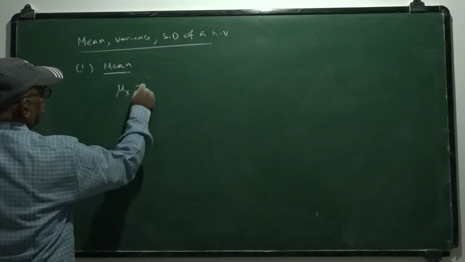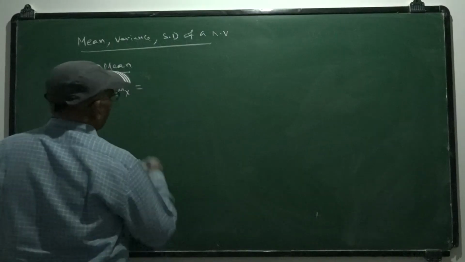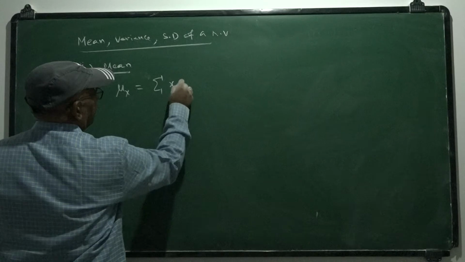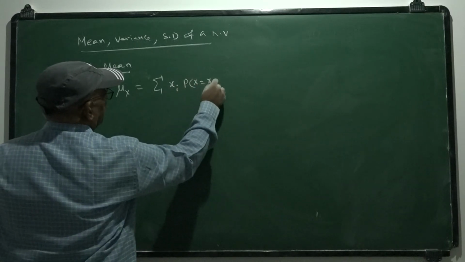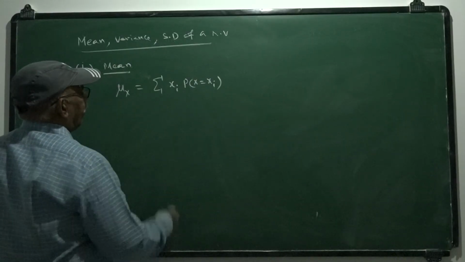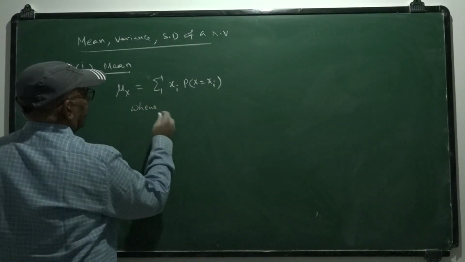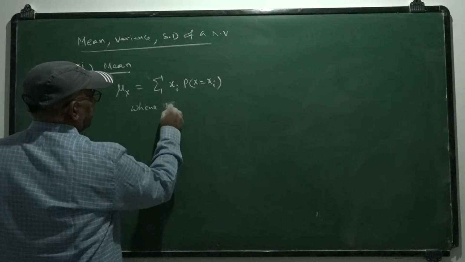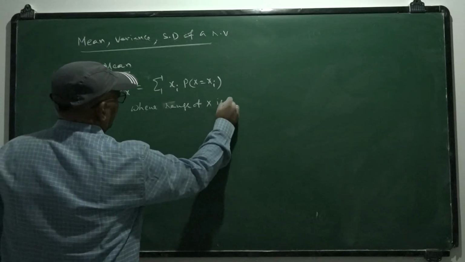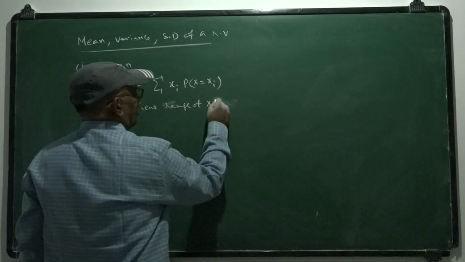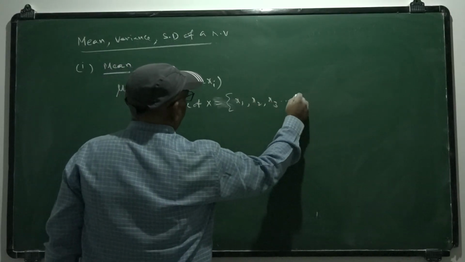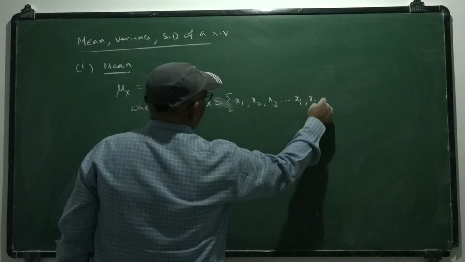Mean of x is given by sigma xi into probability for x equal to xi, the sum over the range of x, where x equals x1, x2, x3 and so on, xi, xi plus 1 and so on.